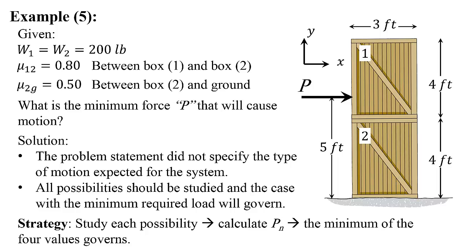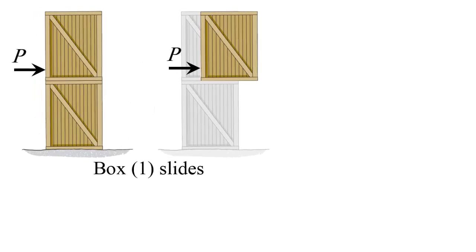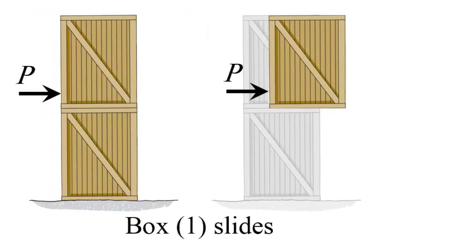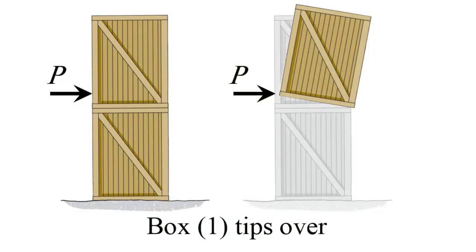Okay, this is the first scenario. P is applied, box 1 will slide. Alright, possible. Now the second scenario is P is applied, but box 1 tips over. That's also possible.